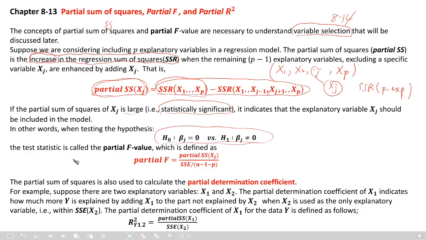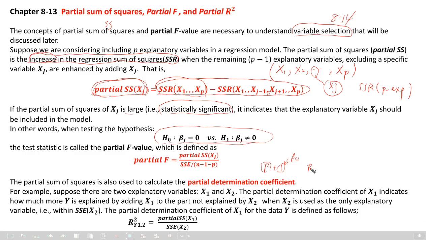The test statistic is called partial F value, which is defined as partial sum of square of xj divided by what? Mean squares error. Sum of squares error divided by n minus 1 minus p. They are p explanatory variables plus 1. 1 is what? Beta 0. They are p many explanatory variables and 1 intercept term.